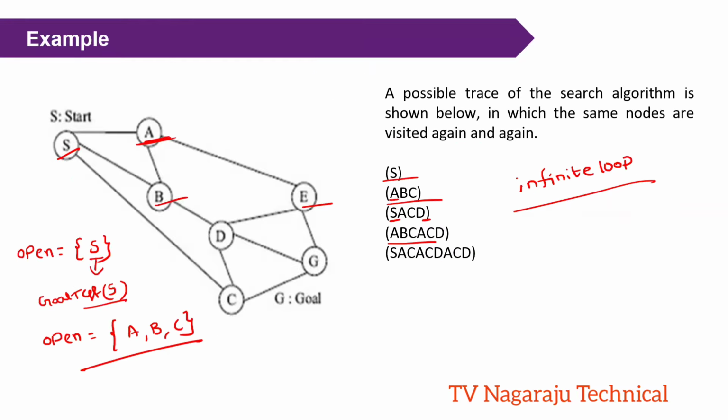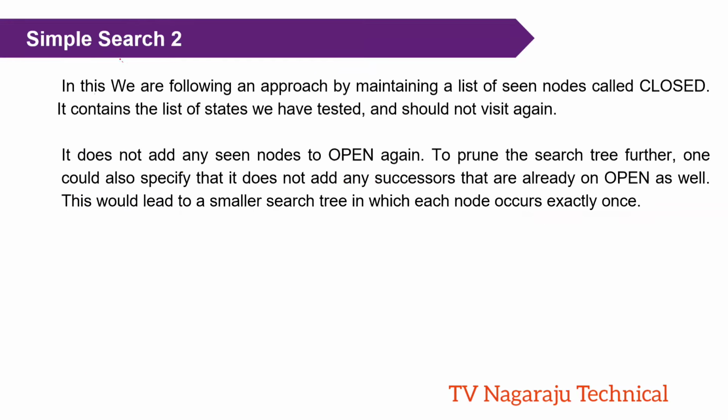So for that, we are moving into the simple search 2 algorithm. You got it? In this, along with open, you are maintaining one more data structure, closed. Within the closed, I am placing whatever node has been visited already.